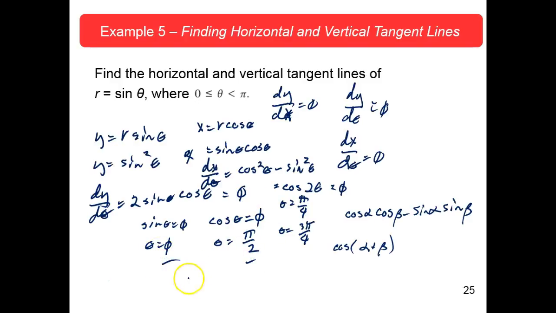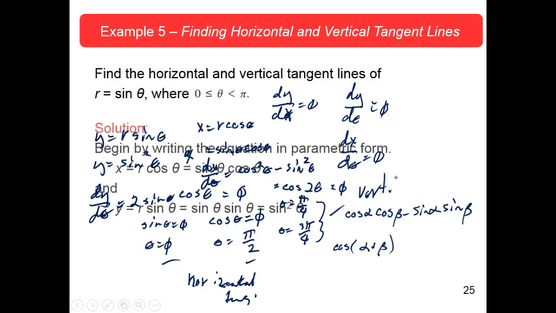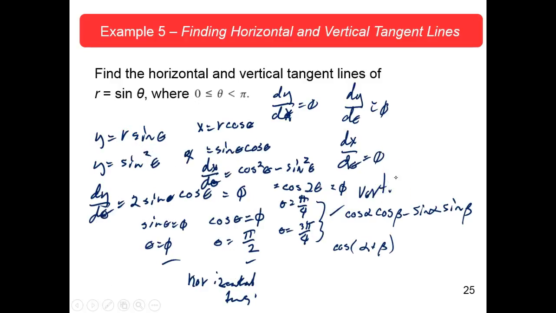Okay. These two are when you have horizontal tangent. And these two are where you have vertical tangents. The reason we couldn't be specific at first, we wanted to make sure that there was no place where both of them were 0. And there wasn't.